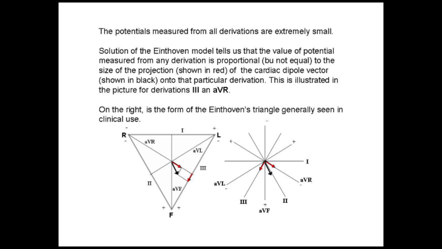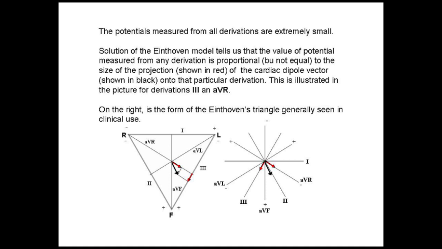For example, if the dipole is perpendicular to the axis you're going to measure from, for example, the third derivation, there will be no potential that can be recorded from the third derivation, even though the heart dipole is still quite strong. So the rotation of the dipole is also an important factor which determines the strength of the potential that you're going to measure from any derivation.